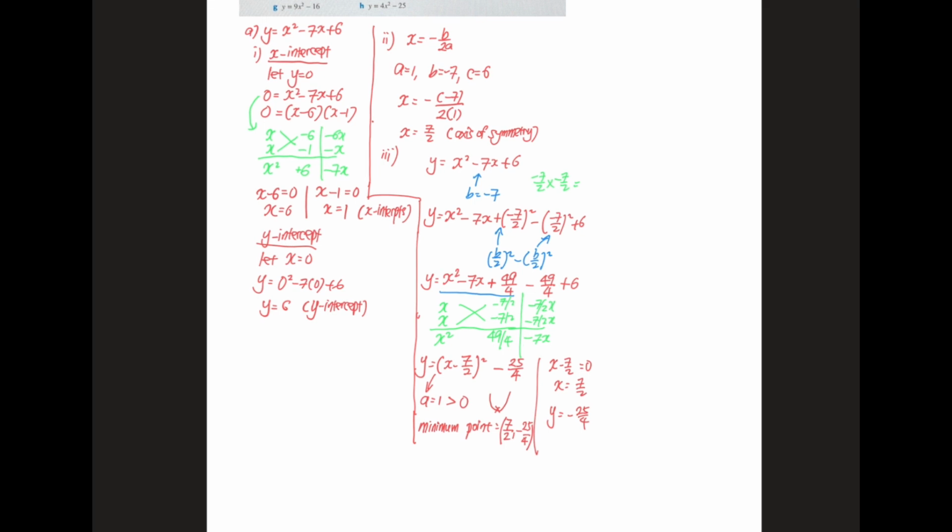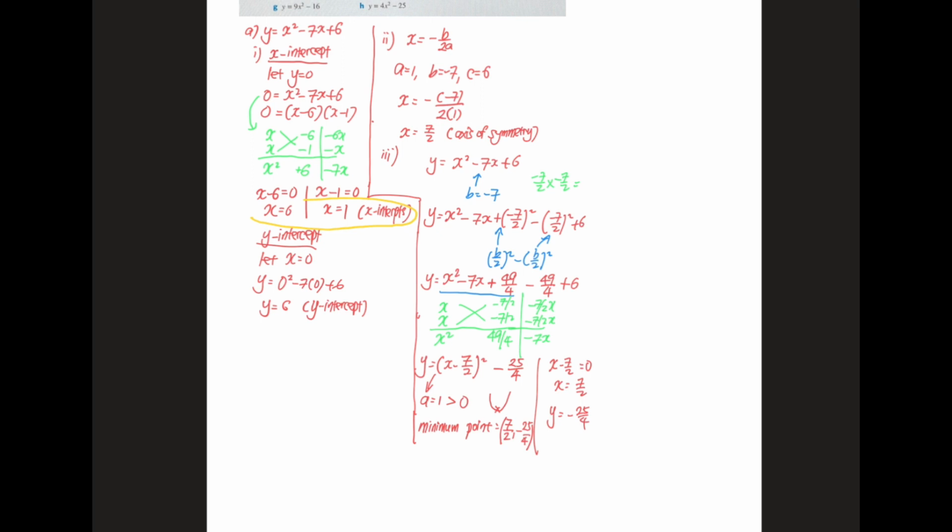And let's see. Okay, so make sure the axis of symmetry, 7/2, is the same as the x coordinate of the minimum point. They are always the same. So this x coordinate is the same as the axis of symmetry. Okay, now we have to use our information to sketch the graph. So let's say I circle up first.